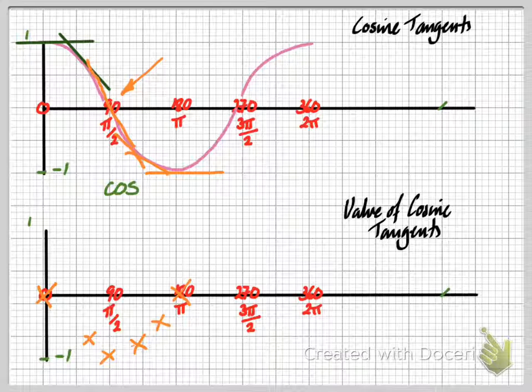So if I was just to pick some more points, when it's 3 pi over 2 radians or 270 degrees, it's 1 and it's positive, so 270 degrees and 1 is here. At 360 on the cosine graph, it's 0, so I'm going to plot 0 here.